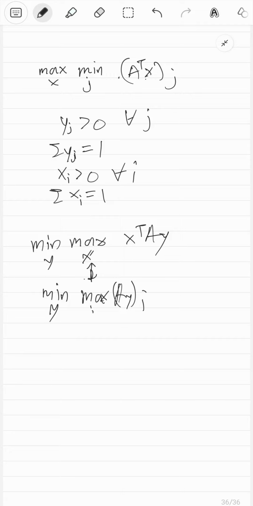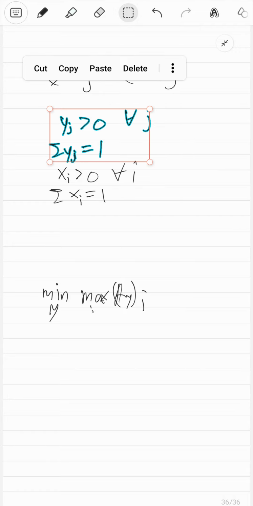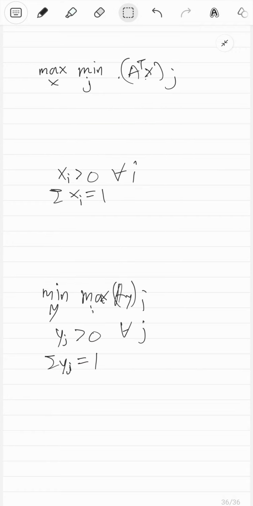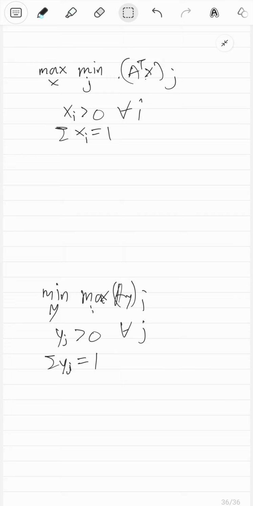All right. So now you still have to have these constraints. These constraints go with this problem, and those go with that problem. And now we want to show that these two are the same problem.